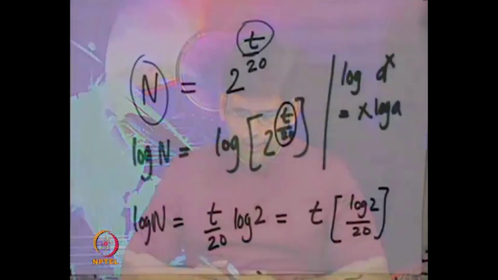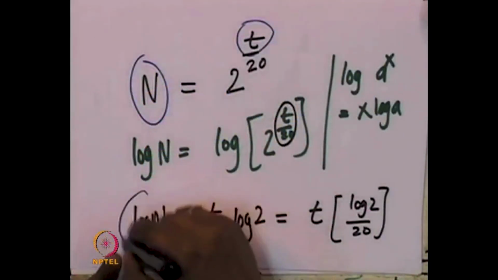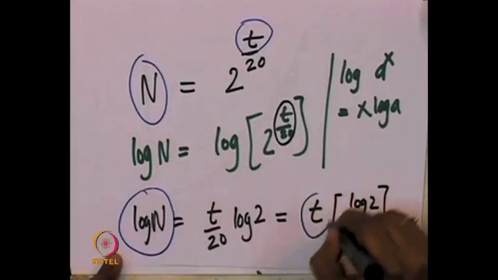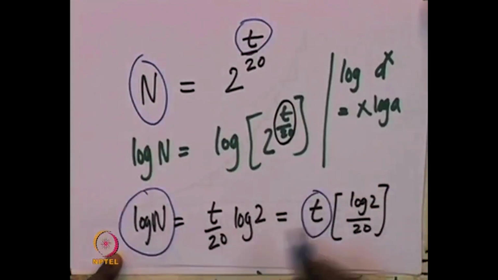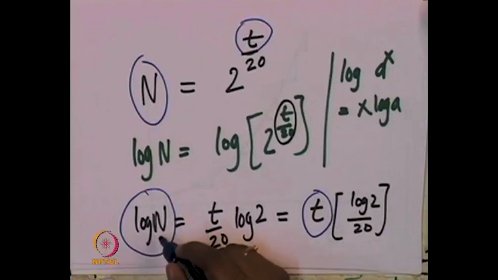On the other hand, let us plot log n versus t, with t on the x axis and log n on the y axis.